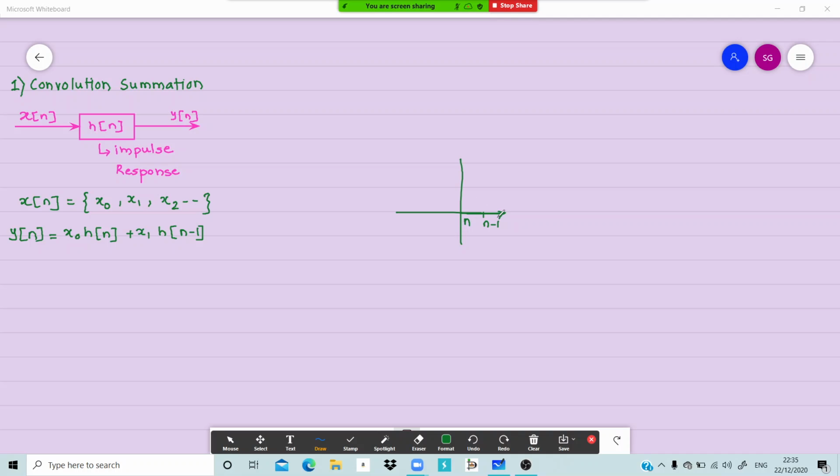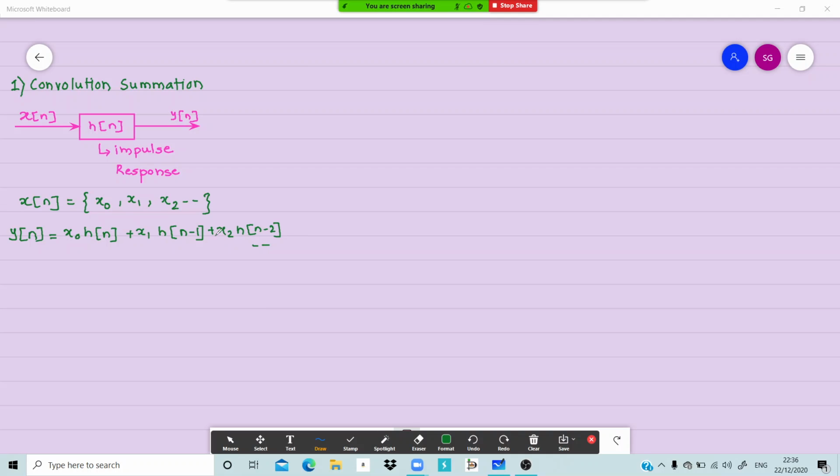Lag you will represent by minus, and on this side it is leading, you are going for the other instance, so this is going to be n plus 1. We had seen this shift towards left and right. So n minus 1, then x2 h n minus 2, and will continue.